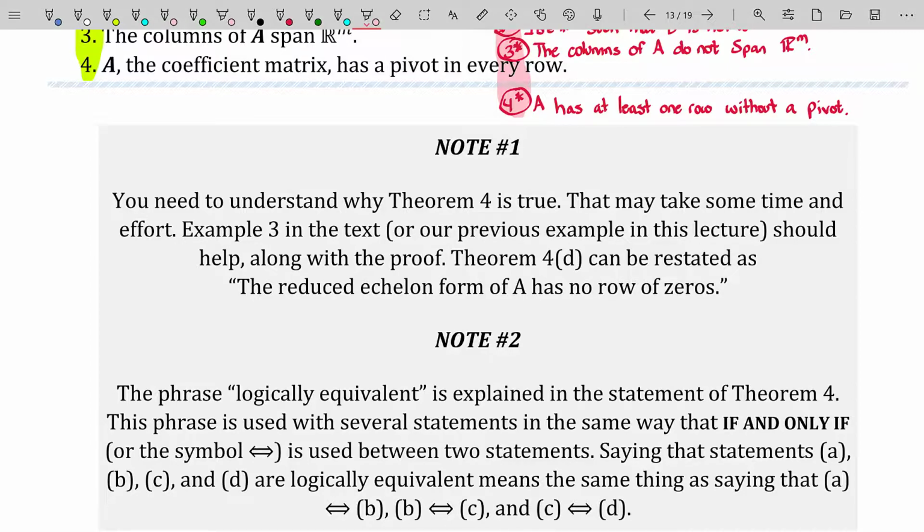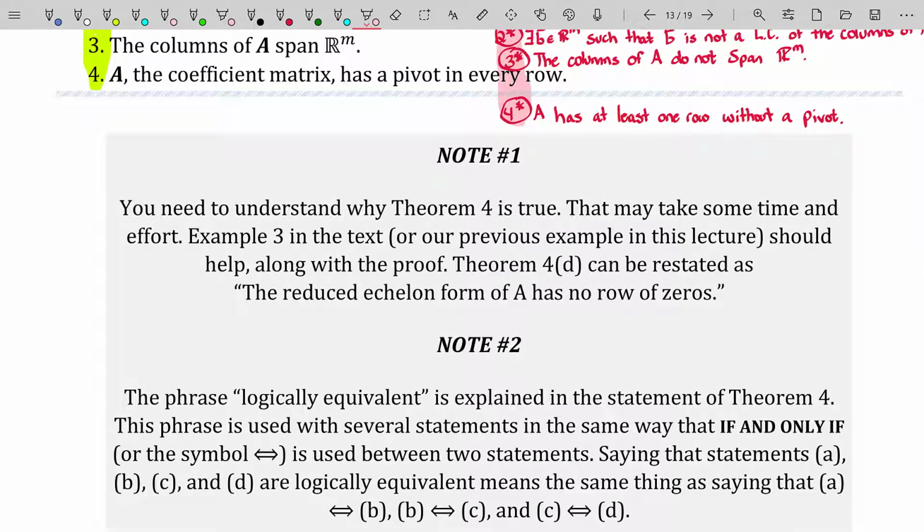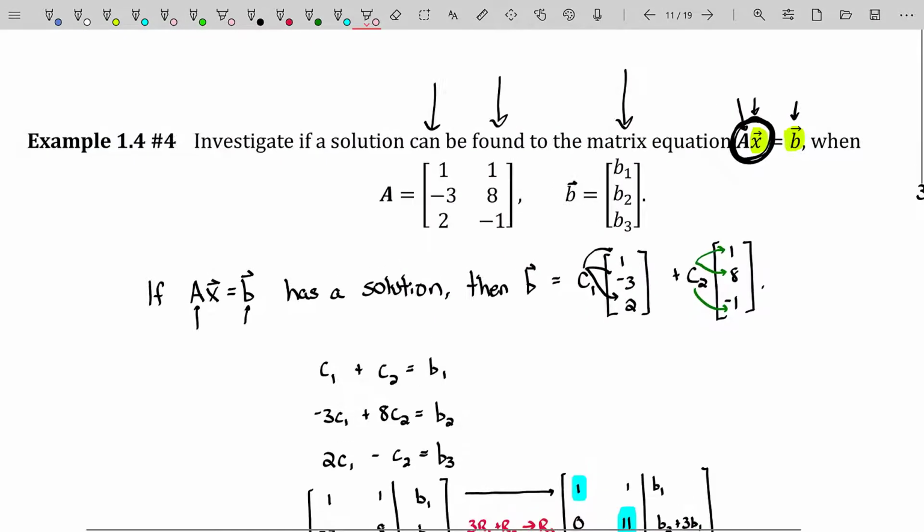Example 3 in the text, which was actually similar to the previous example in this lecture, which I'll show you right now. This example right here, which is in a previous video, basically says if I have an arbitrary vector B, that Ax equals B does not always have a solution.